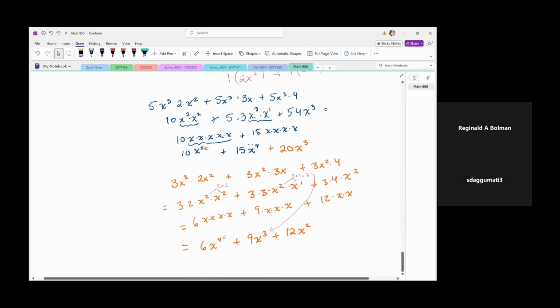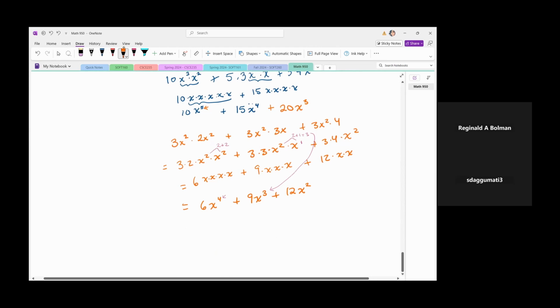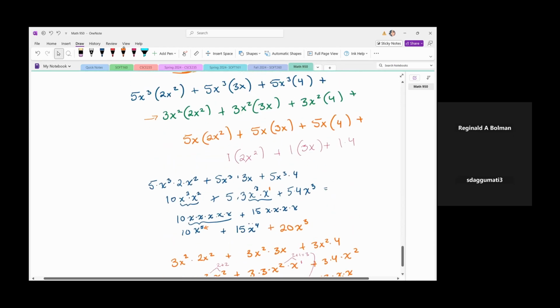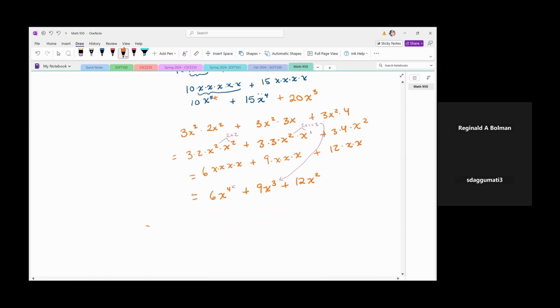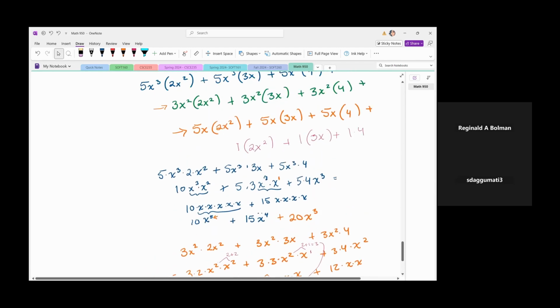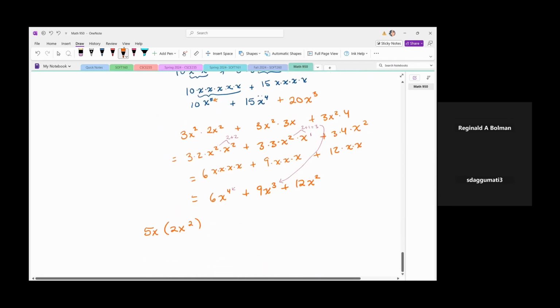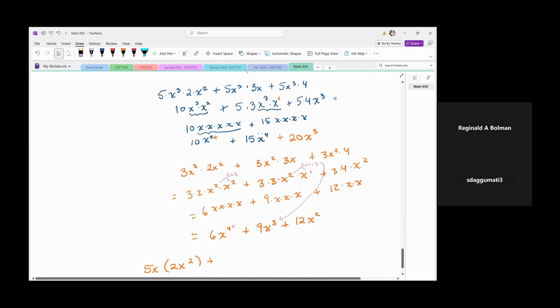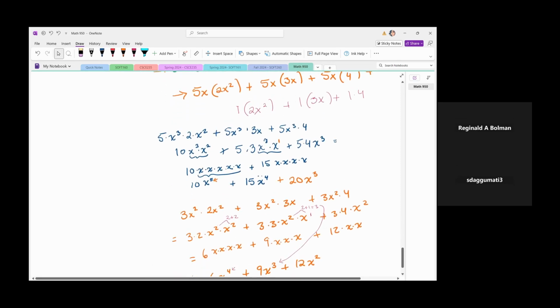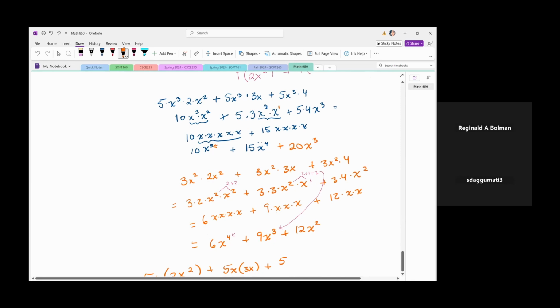And of course, we're not finished. We still have to do this third row. So you've got 5x times 2x squared plus 5x times 3x plus 5x times 4.